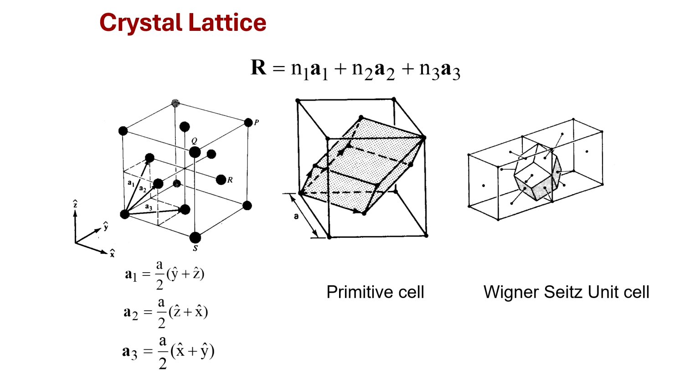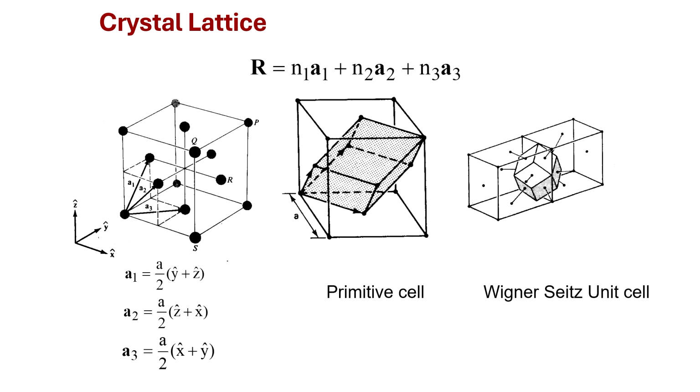Lattice translation vector. For any given lattice, let us say here we have plotted a face centered cubic lattice. Here we say that the lattice translation vector is N1 A1 plus N2 A2 plus N3 A3. The face centered cubic lattice is a non-primitive lattice, which means it contains more than one lattice point.